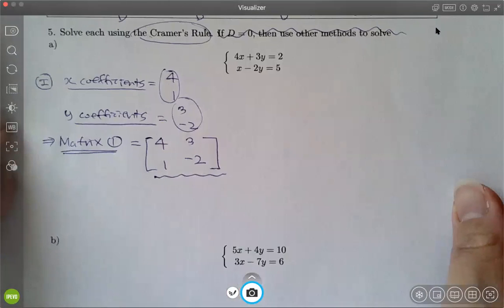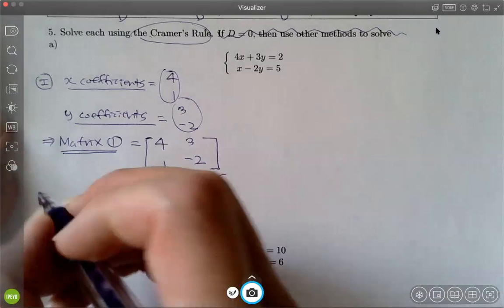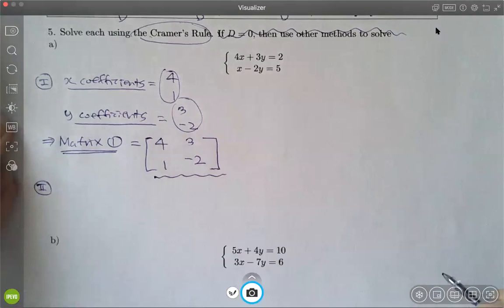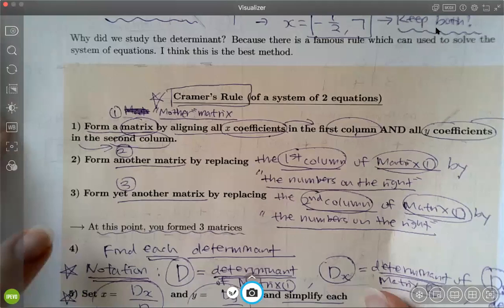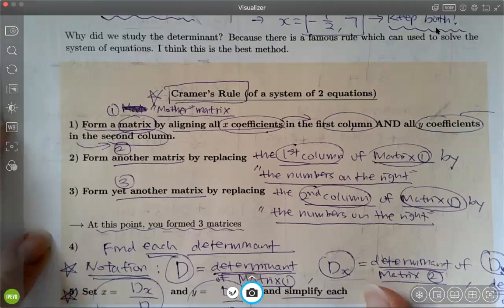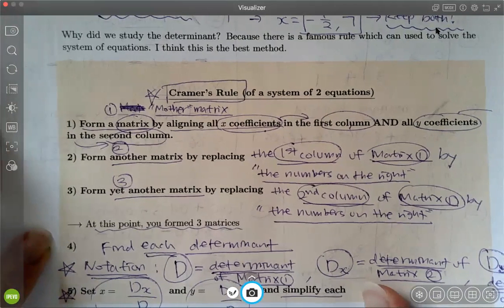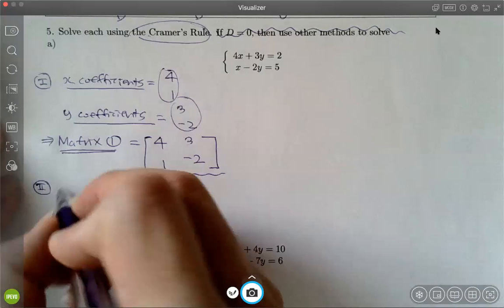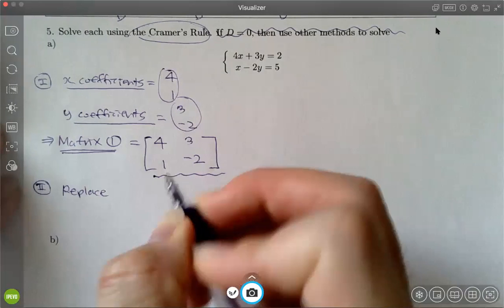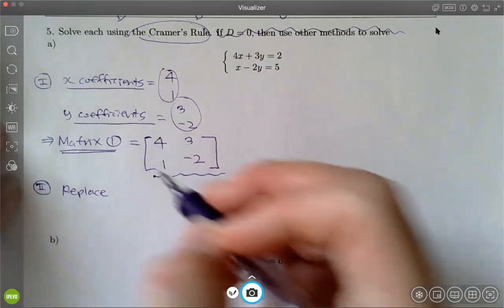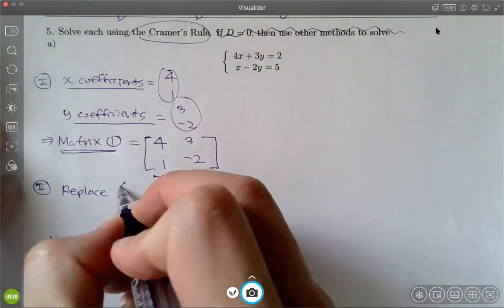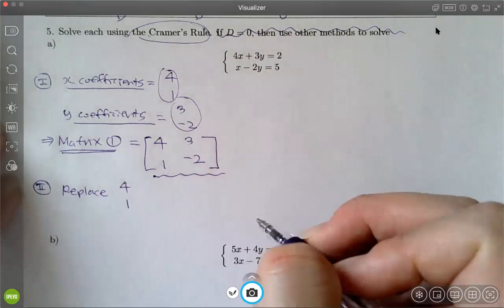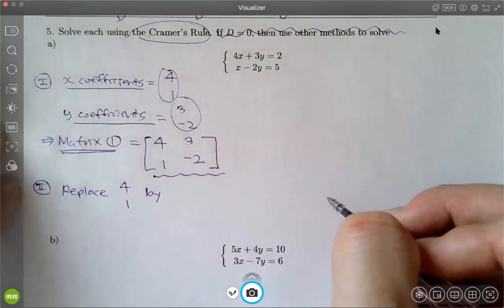Now, form another matrix. Going back to the scheme, how do you form the second matrix? Replace the first column by the numbers on the right. What's the first column? 4, 1. So replace 4, 1 by the numbers on the right side, 2 and 5.